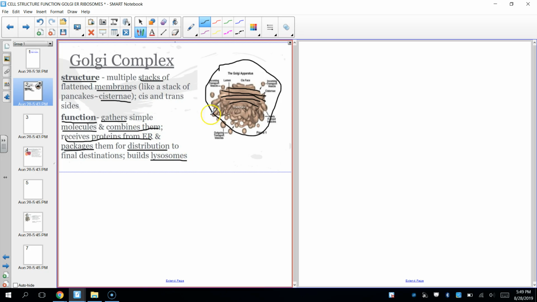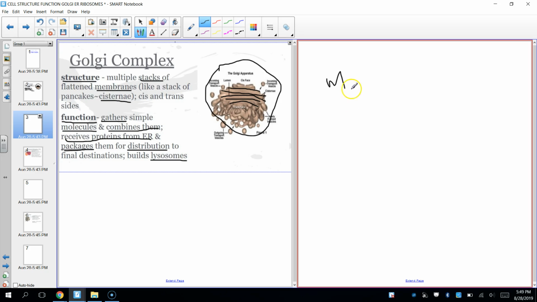So again, what does it do? It combines molecules. I'm going to try to write this. The function of it is that it combines molecules with other molecules, and what it ends up making is larger molecules.